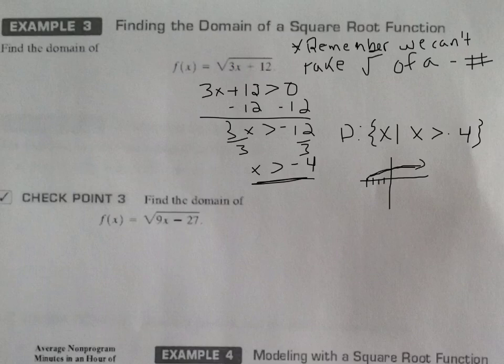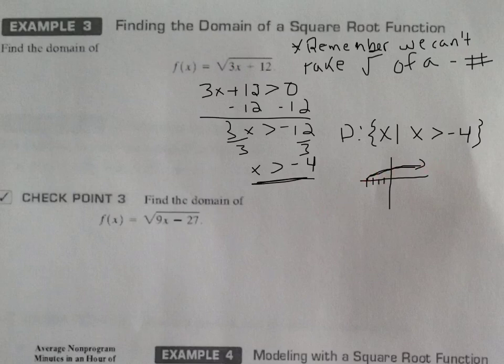That would be the domain. It'd be all the numbers greater than negative 4 that would work. Because remember, square root graphs stop. This square root graph would stop right here and just go this way. There's nothing on this side that works. So my domain is just from negative 4 on.